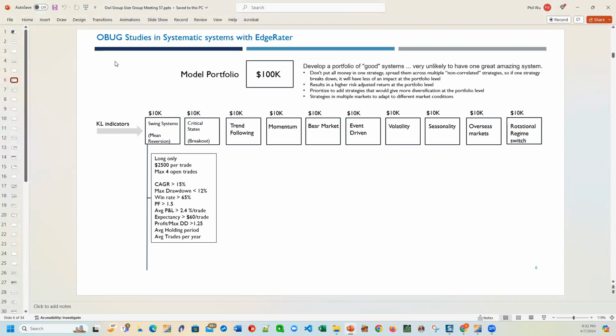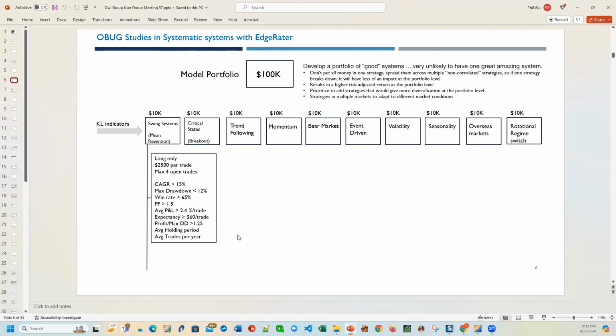So I did take a stake in the ground based on last week's discussion, and this is just to give a pictorial view of what we're conceptualizing in our backtest. So right now, this is again a stake in the ground.